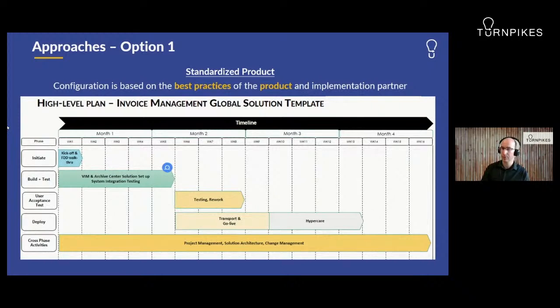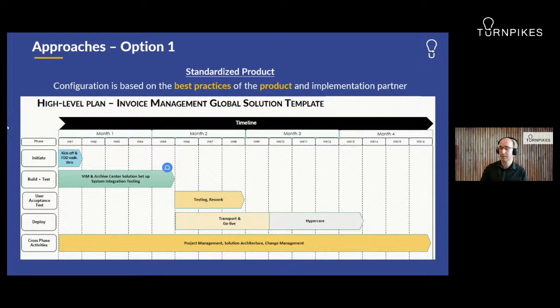Here, our approach is that we come to the customer with a finished FTT based on our best practices and the best practices of OpenText. Currently we are running more than 25 projects, and we have seen things. So, in order to speed up the entire implementation, we say to the customer, you don't have to reinvent the wheel again. Just hop on the wave, and we will take you to the other side.